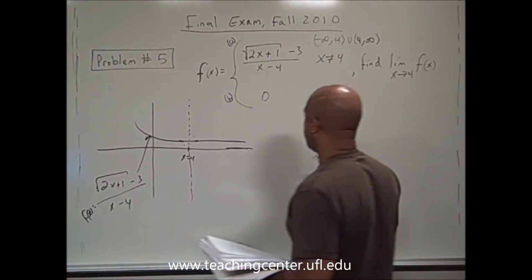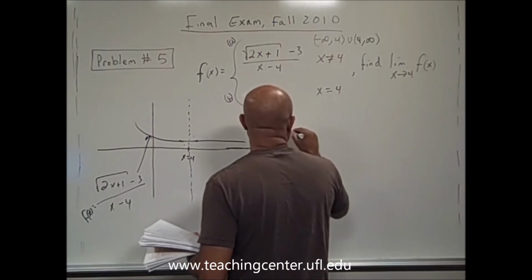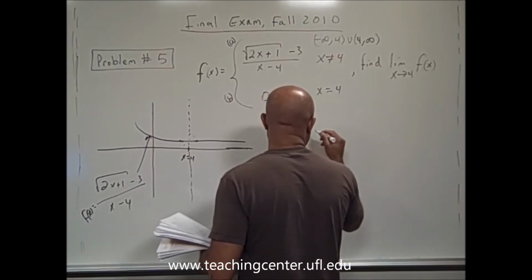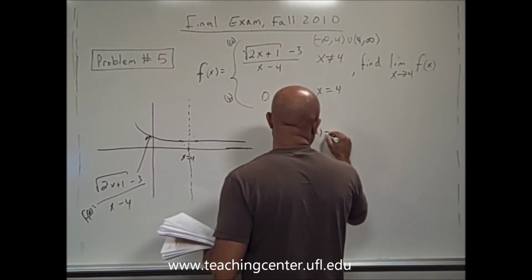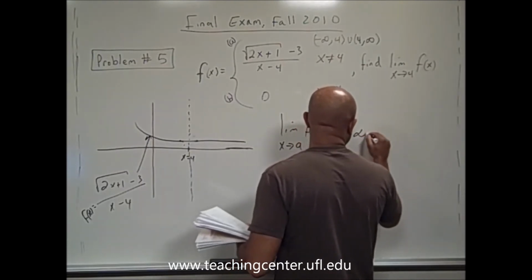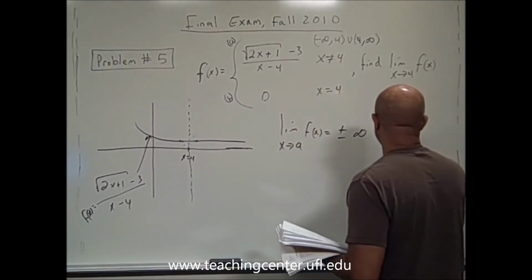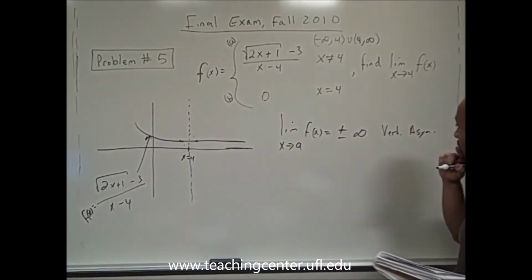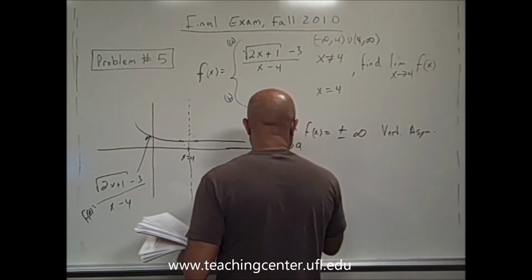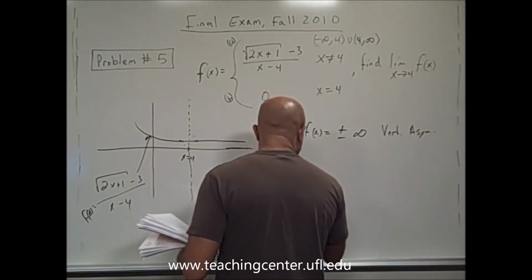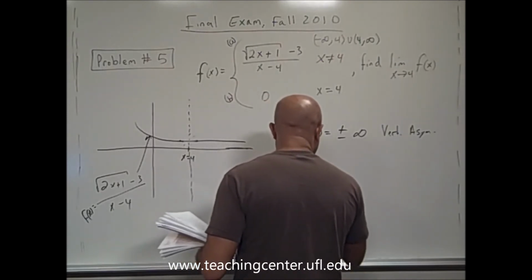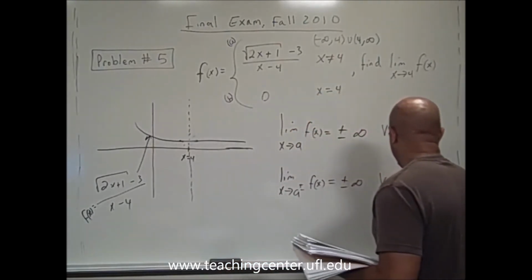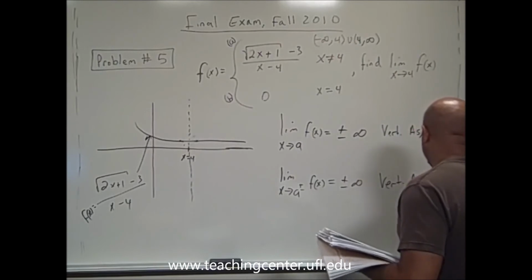But actually the definition of a vertical asymptote is if you take the limit as x approaches some value a of f of x, and that gives you plus or minus infinity, then you have a vertical asymptote. Or if you take the limit as x approaches a from the right or the left of f of x, and you get plus or minus infinity, either one of those conditions is going to give you a vertical asymptote. Okay?